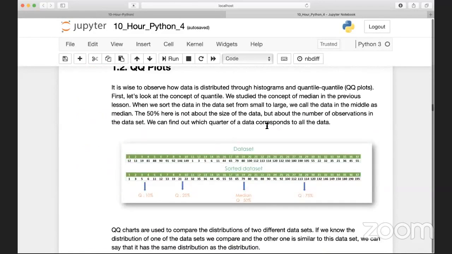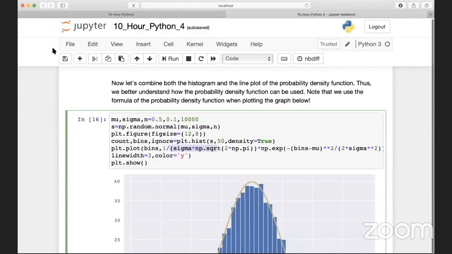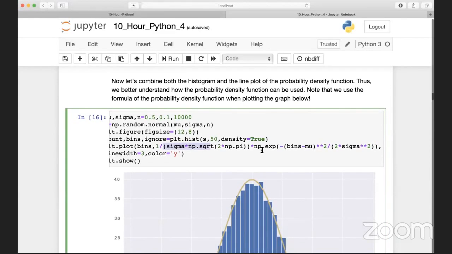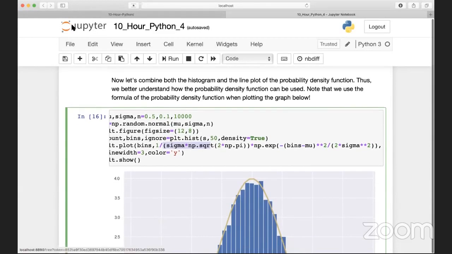Here we go. This is the PDF formula. Okay. So, Emilio, do you have any question out of scope?